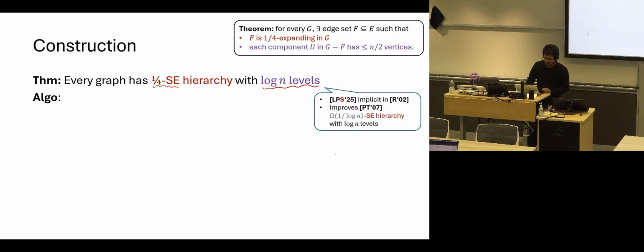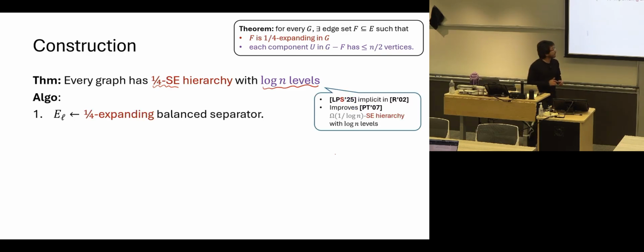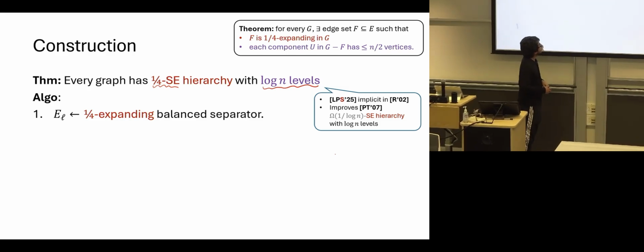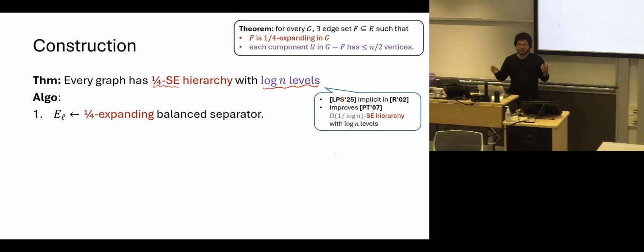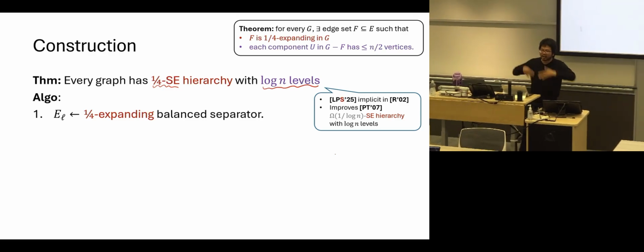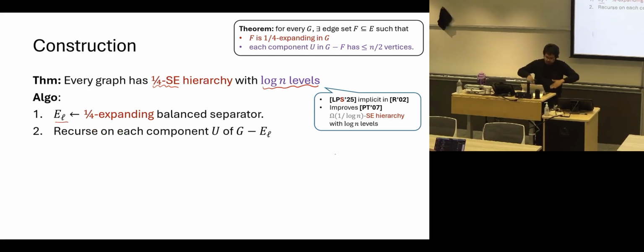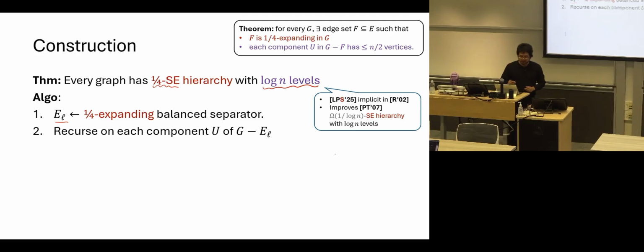The algorithm is just first compute the expanding balance separator. You think of that as the separator at the top level, say that that's EL, and then you recurse on each component.